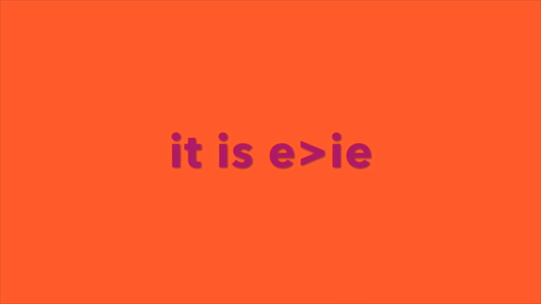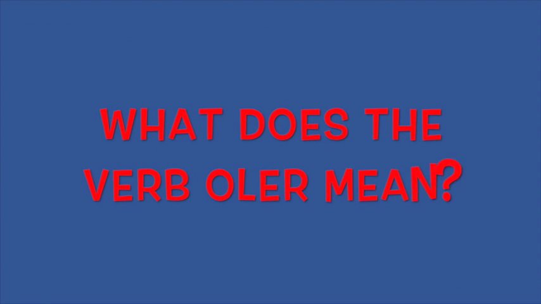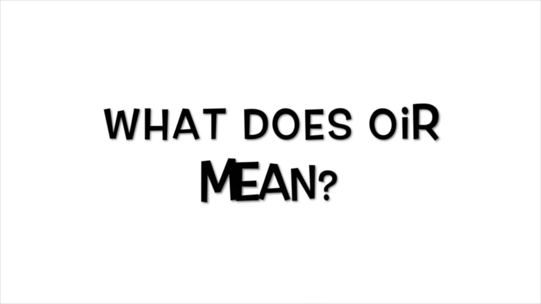It is E to IE. Number 3. What does the verb oler mean? Correct. It means to smell. Number 4. What does oír mean? Yep, it does mean to hear.